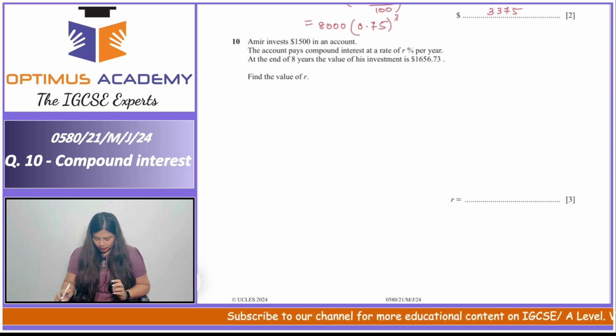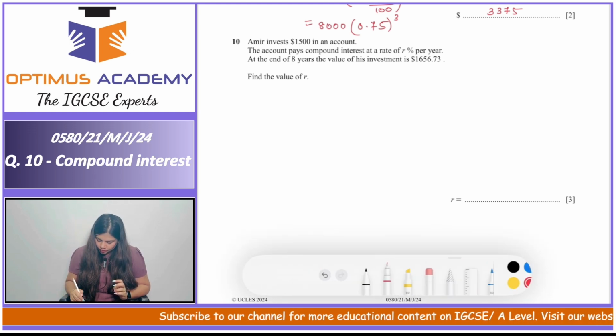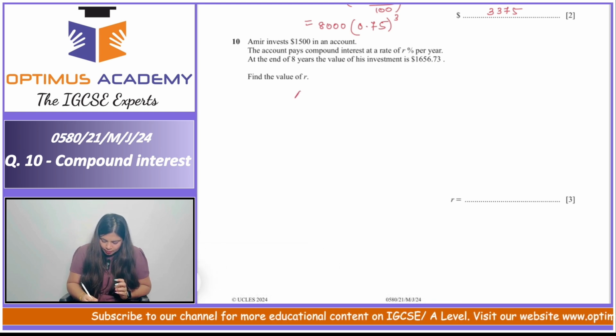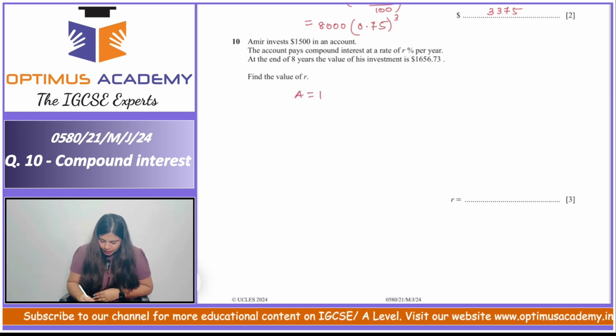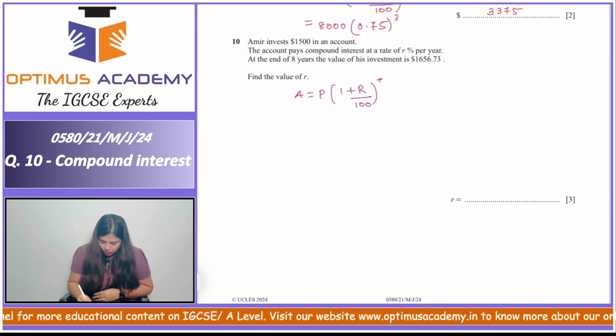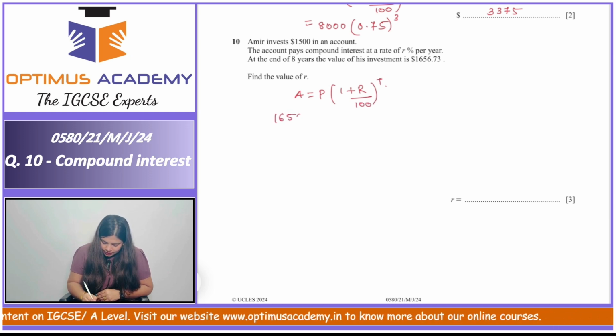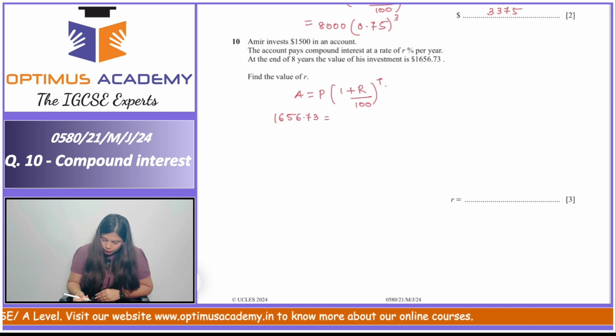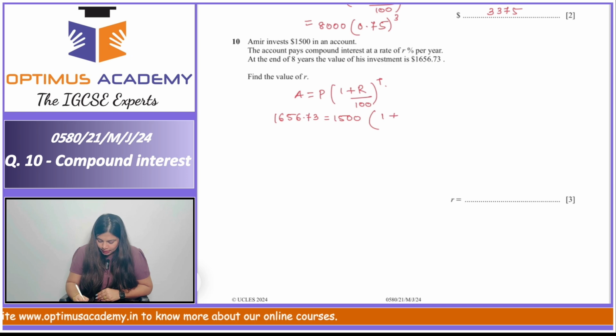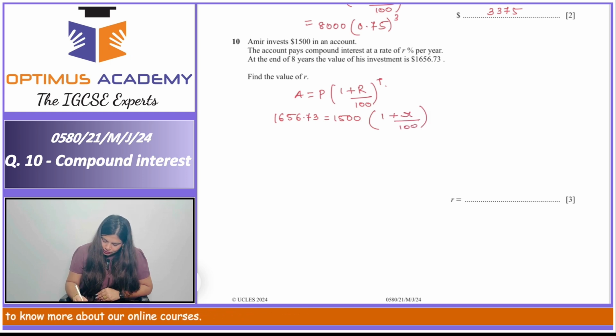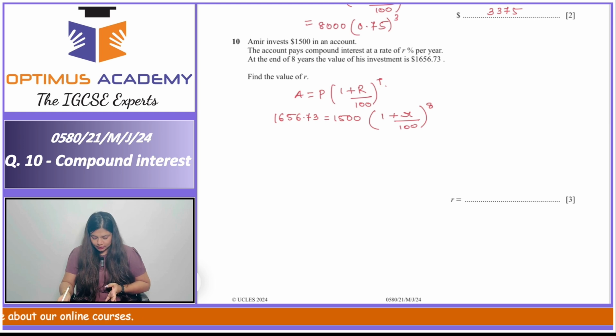Find the value of R. So we are going to use the compound interest formula, that is amount equals P, bracket 1 plus R upon 100, raised to T, where the amount is already given. 1656.73 equals 1500, bracket 1 plus R upon 100, raised to 8, because the number of years is 8.